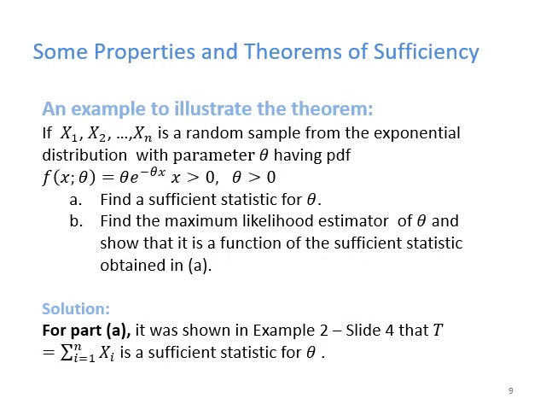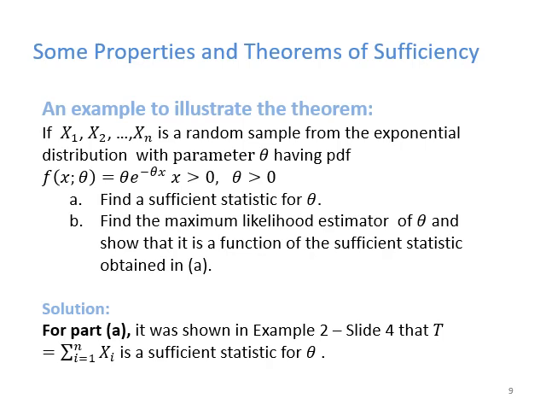Now we are going to illustrate the theorem using an example. Consider a random sample x1, x2 till xn from an exponential distribution with parameter theta, having probability density function as given in the slide. First, we want to find a sufficient statistic for theta.